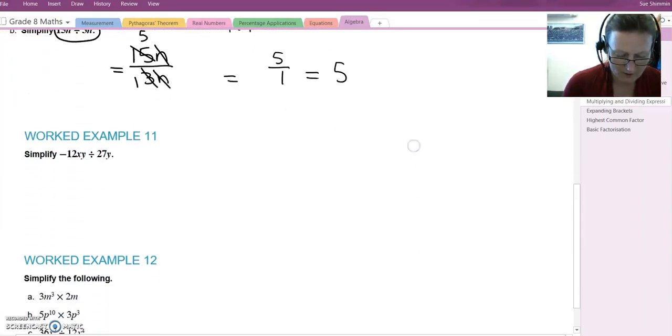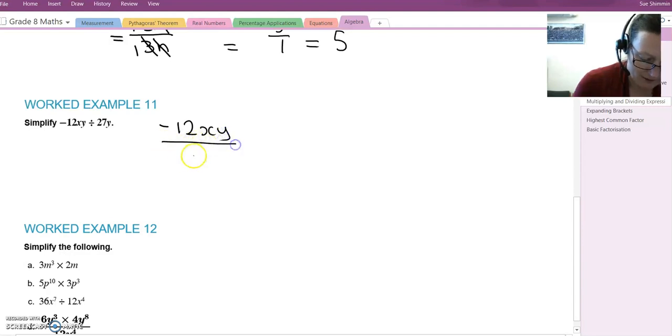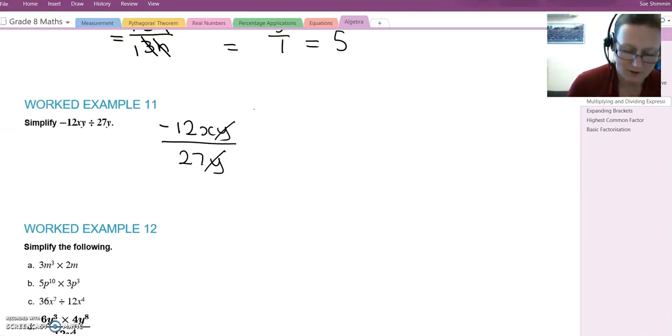Okay, now we're going to start having some negatives. So we've got a few examples to go through here. Negative 12xy divided by 27y. Let's rewrite it as a fraction. Once we've rewritten it as a fraction, hopefully you can see y on top, y on bottom. 12 and 27, something goes into them both. 3 goes into them both.